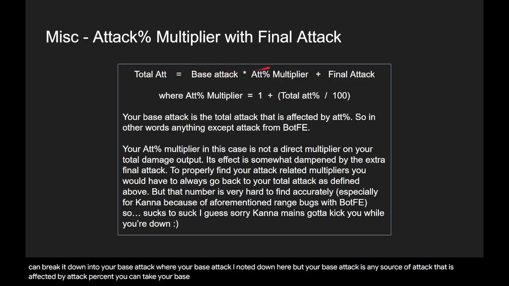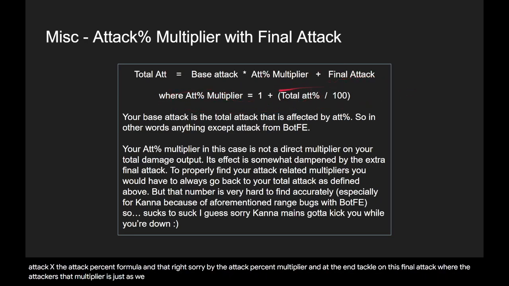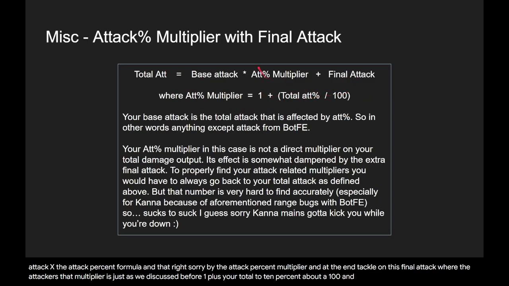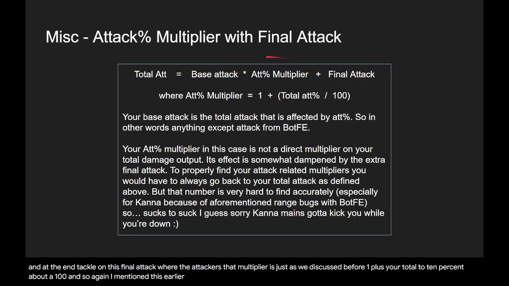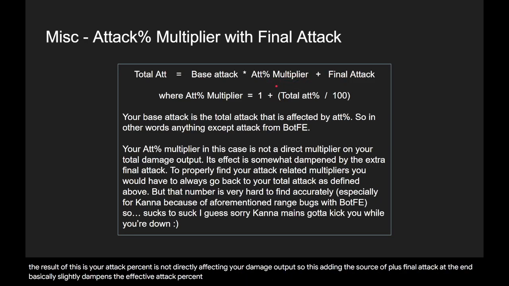So you can take your base attack, multiply by the attack percent formula, and then by the attack percent multiplier, and at the end tack on this final attack, where the attack percent multiplier is, just as we discussed before, 1 plus your total attack percent divided by 100. So again, I mentioned this earlier, but the result of this is your attack percent is not directly affecting your damage output. Adding the source of plus final attack at the end basically slightly dampens the effect of attack percent.